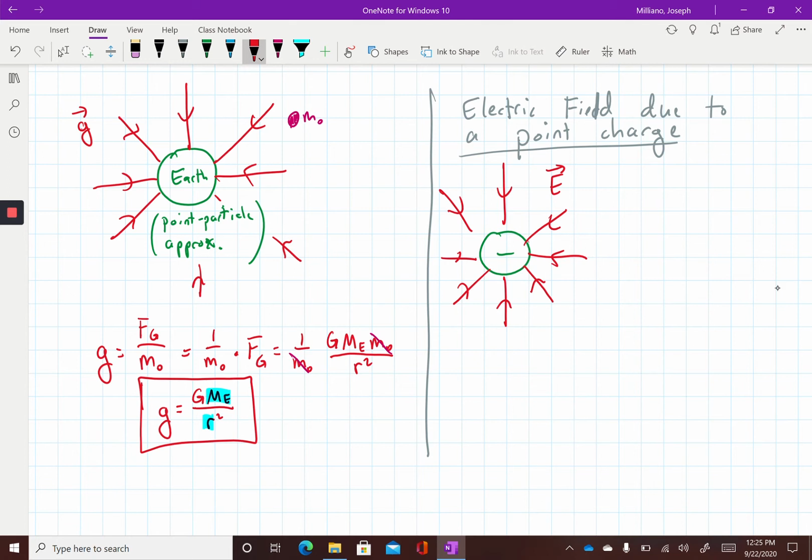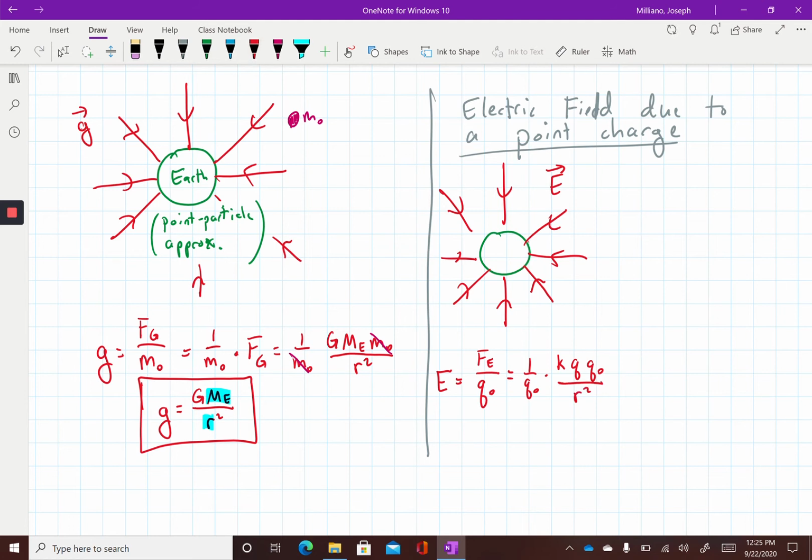And we can follow a similar procedure, now that we've defined the electric field, to come up with an equation for what the electric field strength around this would be. So it's going to be the electric force, dividing out the charge of that test charge to make it independent of that test object. And we know that would be 1 over q naught times Coulomb's constant k times q of the object times q of the test object, divided by distance squared.